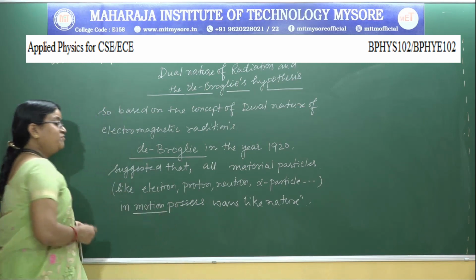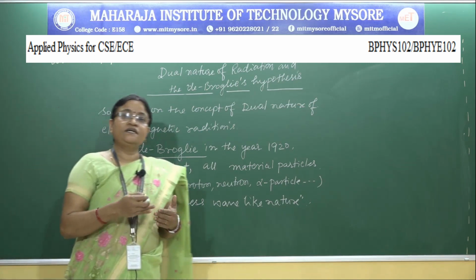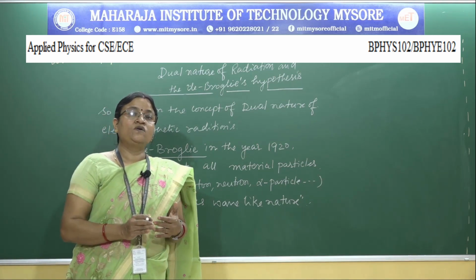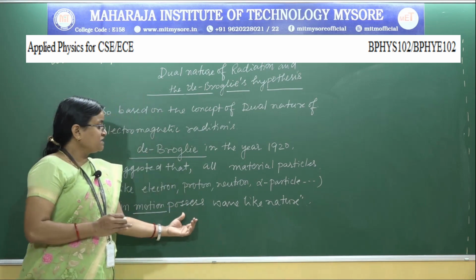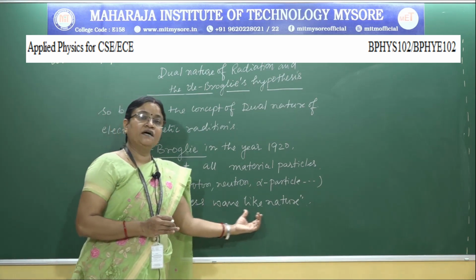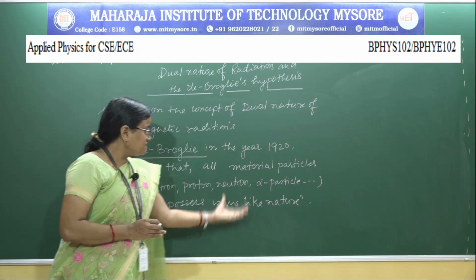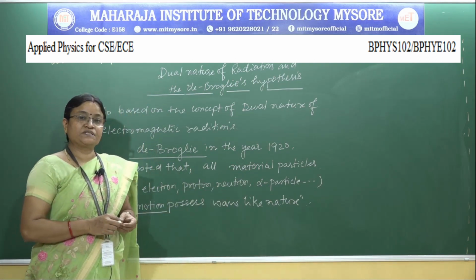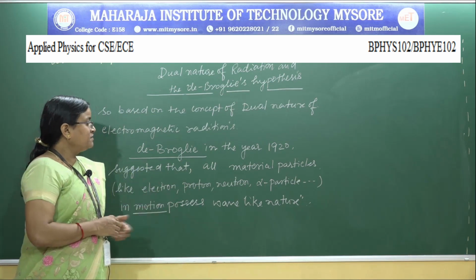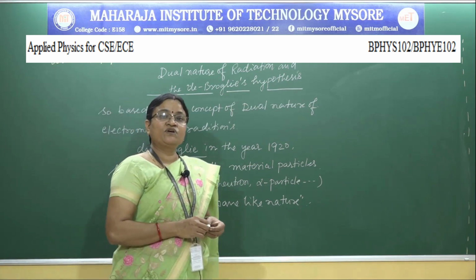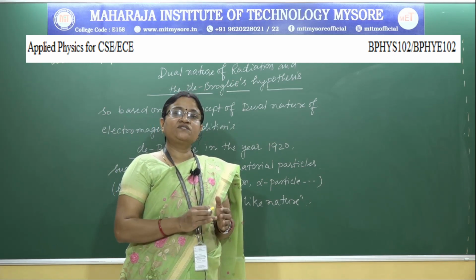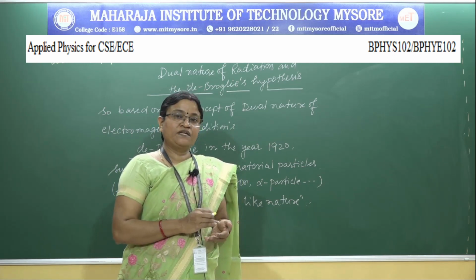When it is in motion, means when it is in the moving state, not in the stationary condition, it possesses wave-like nature, and this concept was known as de Broglie hypothesis.